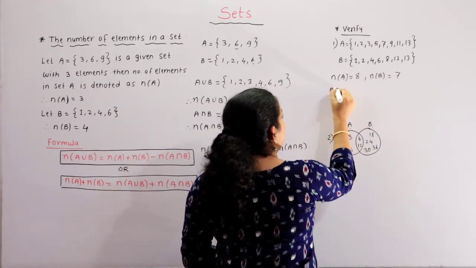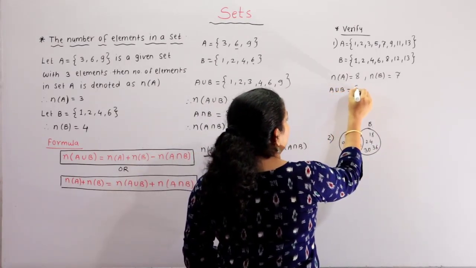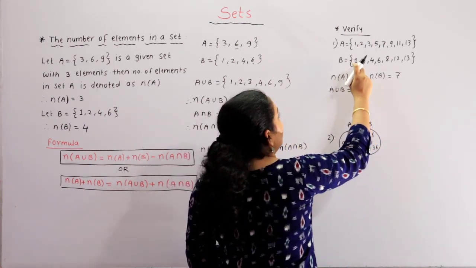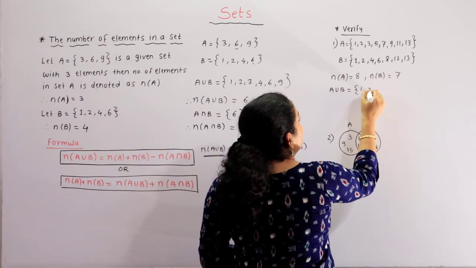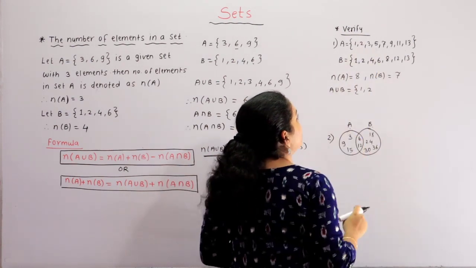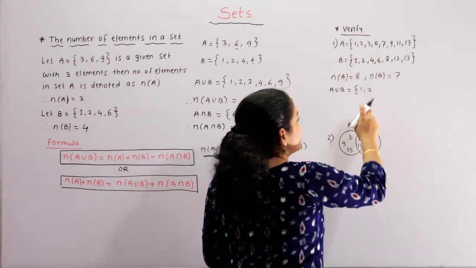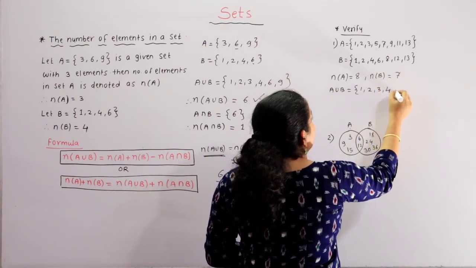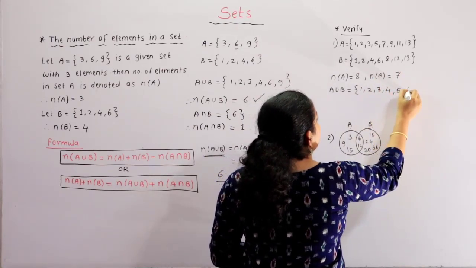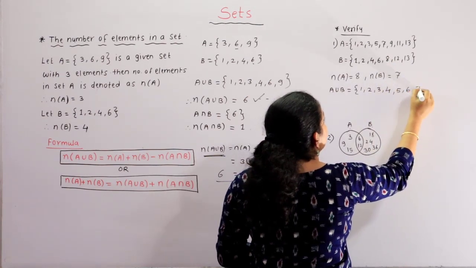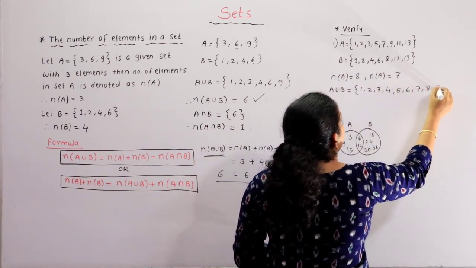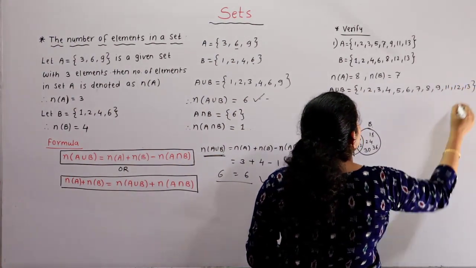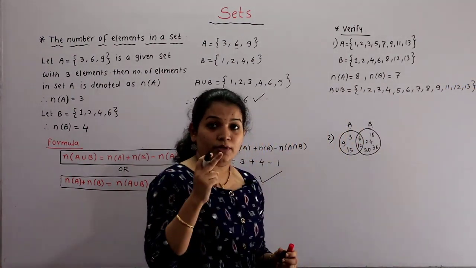Then I have to write the set for the union first. So which set will a union b be? The elements of both. So 1, 2, and 1, 2 is common in both, so don't repeat it. So 1, 2, afterwards 3, 4, then 5, then 6, then 7, 8, 9, 11, 12 and 13. 13 is also 2 times, yes or no?